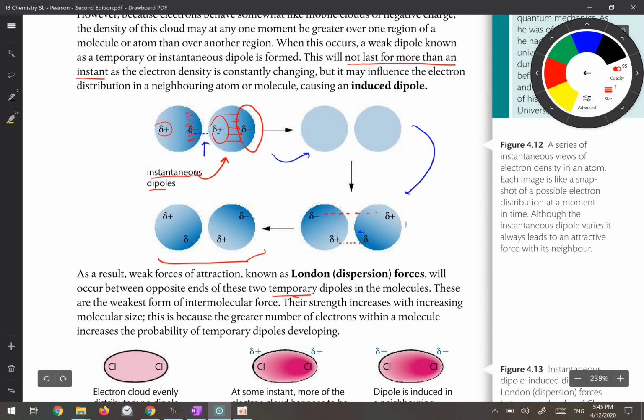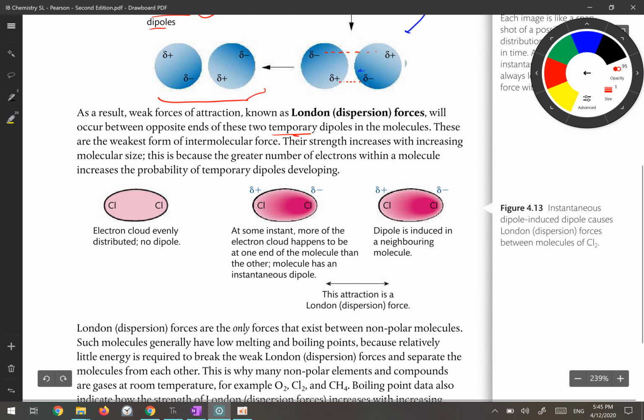It forms for a short amount of time, because the electron density is continuously changing, but it may influence the electron distribution in a neighboring atom or molecule, causing an induced dipole. So when this temporary dipole forms on one of them, it induces a dipole on the adjacent molecule.